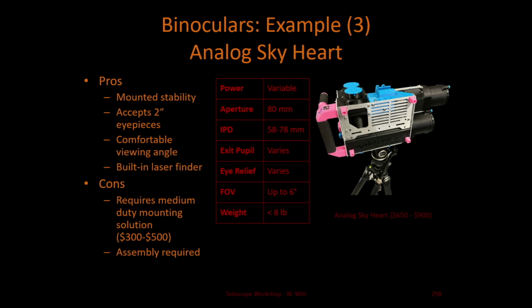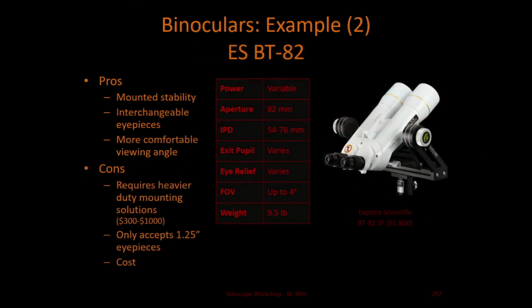These are kind of cool. There's a button on it you can play with later. There's a built-in laser finder, so you can press it. You could mount a traditional finder scope on top of this, like the finders we discussed, or you could use the laser to kind of eyeball where you are pointing towards in the sky to help you find stuff. And the cool thing about this, unique to this other one, this takes different eyepieces, costs $1,800.